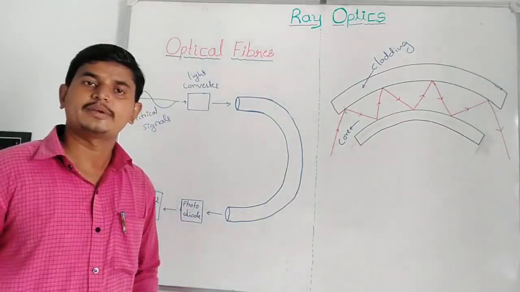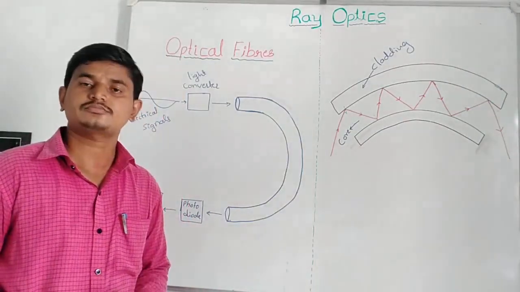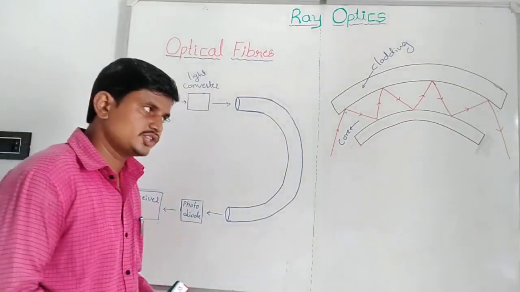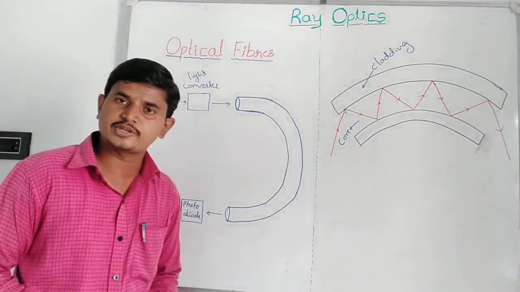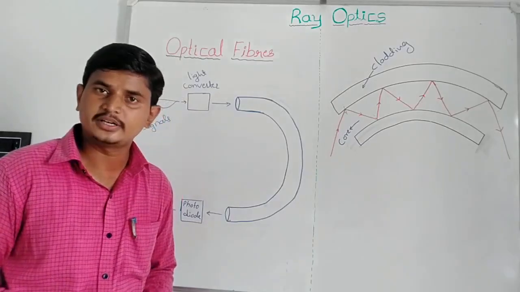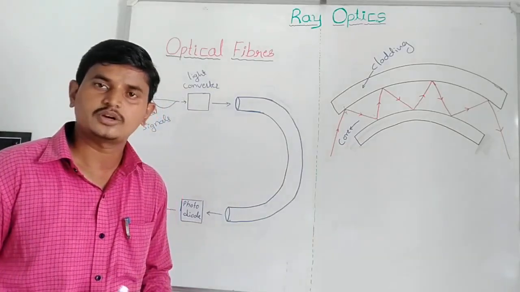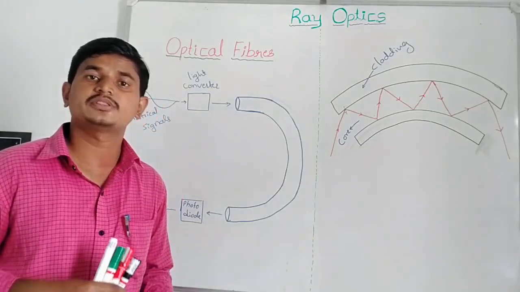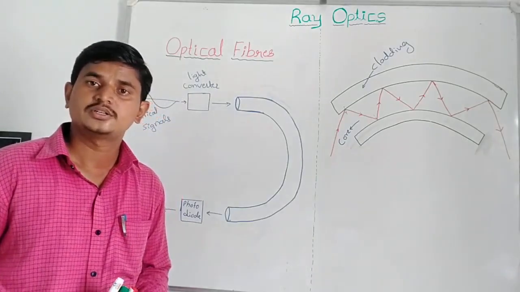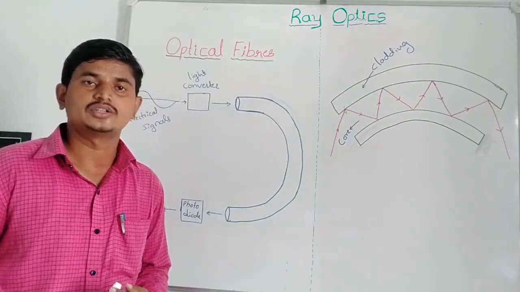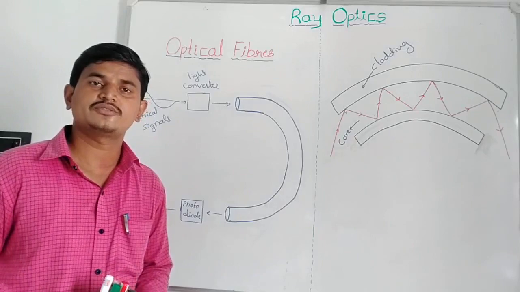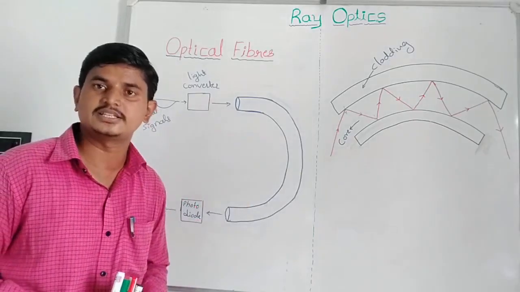Optical fibers are mainly used in communication systems. In a communication system, the information may be in the form of text, voice, pictures or data. That information is first converted into electrical signals.